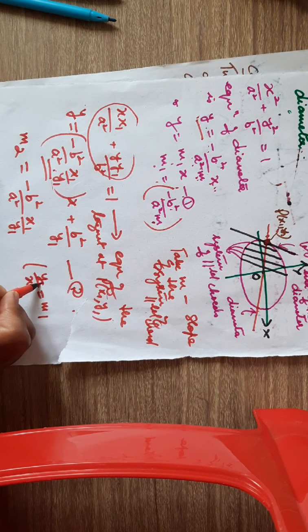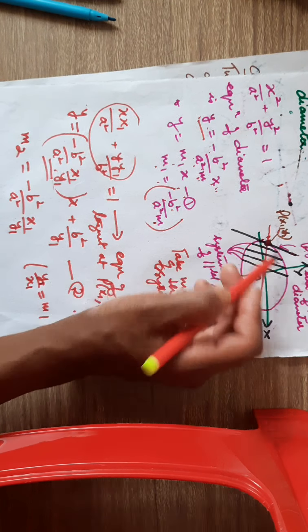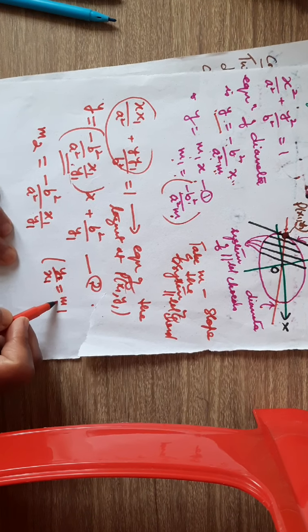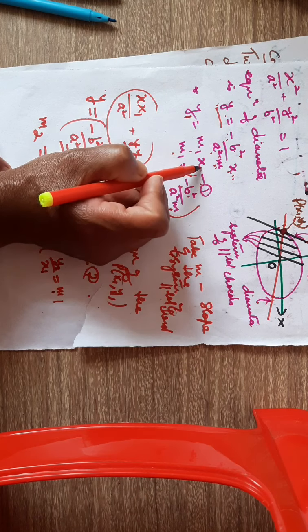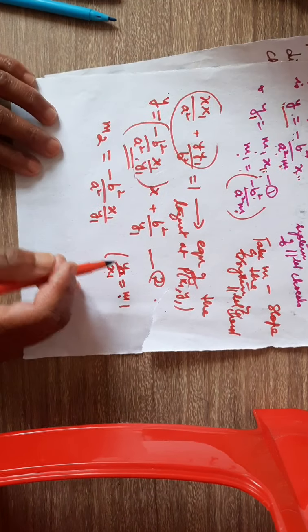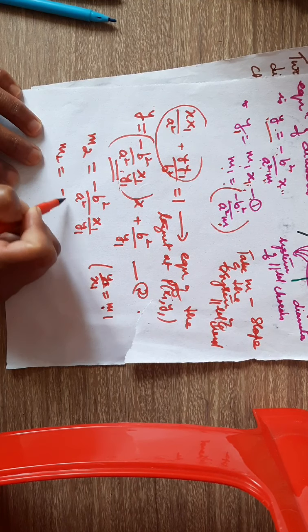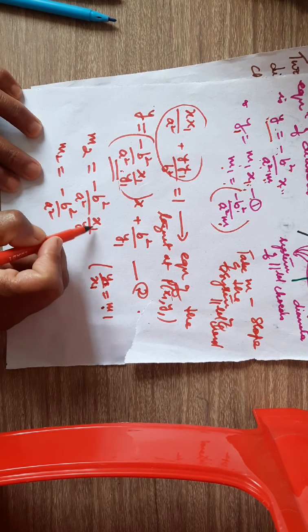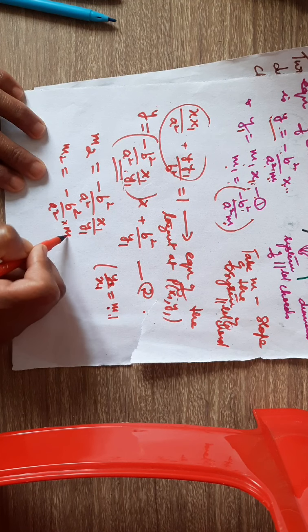Since x1, y1 is a point which lies on this diameter, you just replace y by y1 and x by x1. Then in that case you'll get y1 by x1 is equal to m1. Now m2 is equal to minus b square by a square. What is x1 by y1? It will be m1.